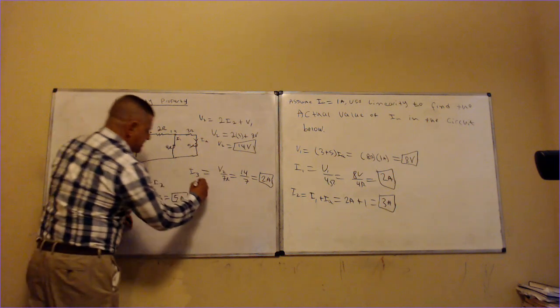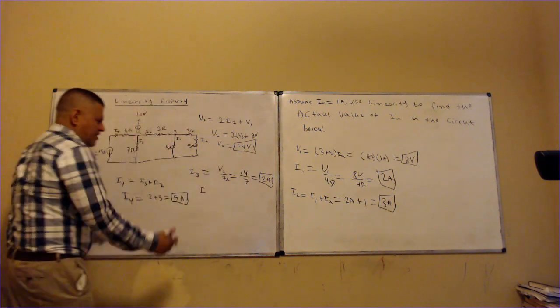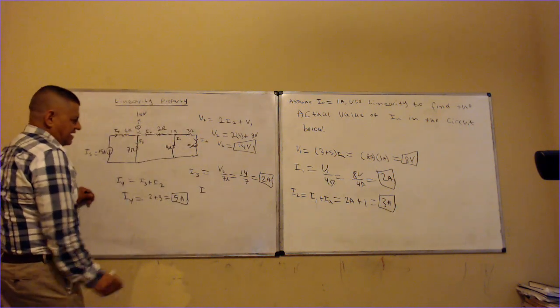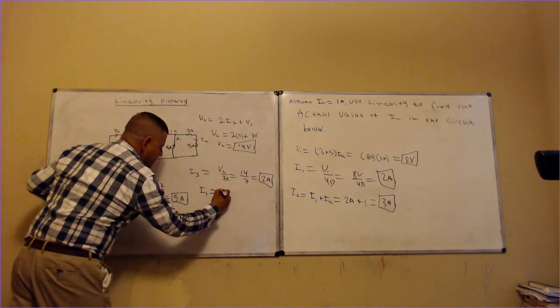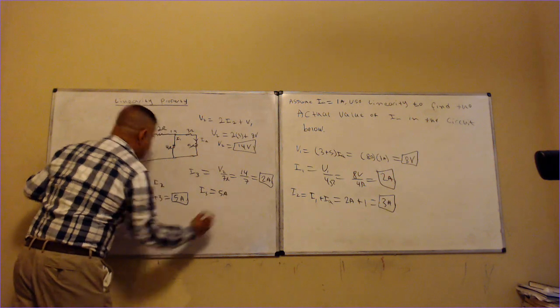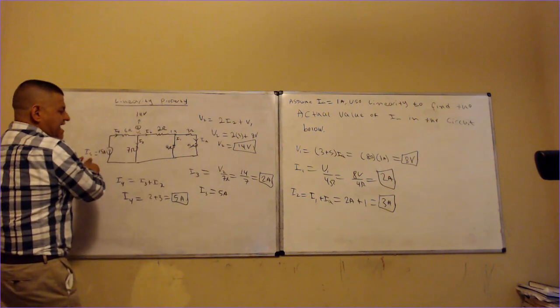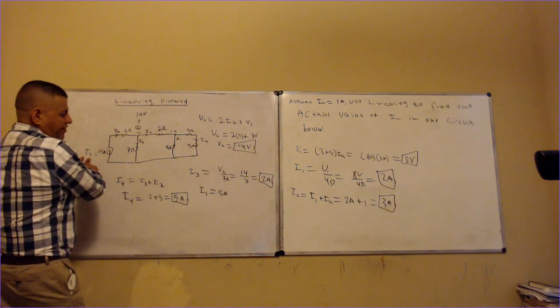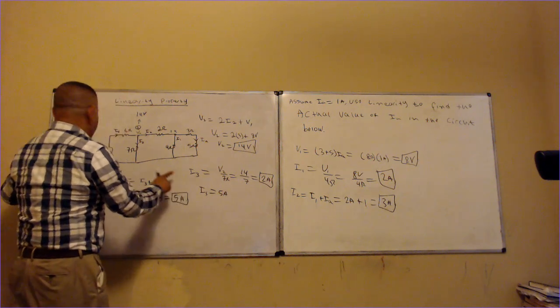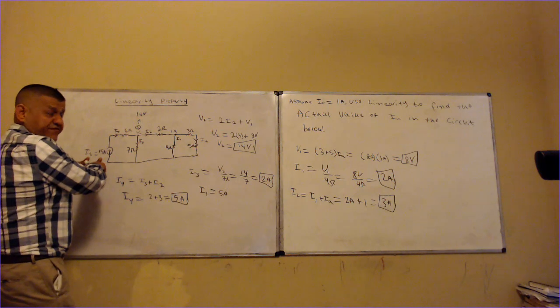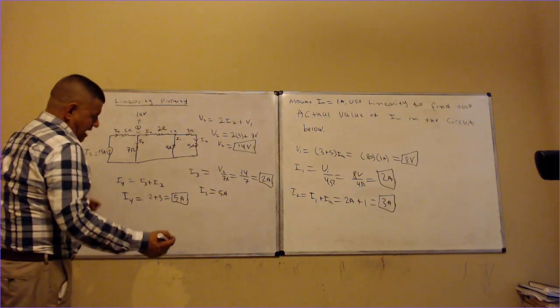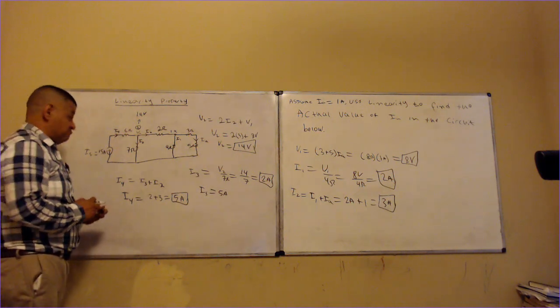Now you can say that the book has it like this, which I don't agree with, but it is what it is. They call this I5 is 5 amps, and also they call this IS. IS is equal to 5 amps, also I source is equal to 15 amps. I don't know why they didn't name anything different.